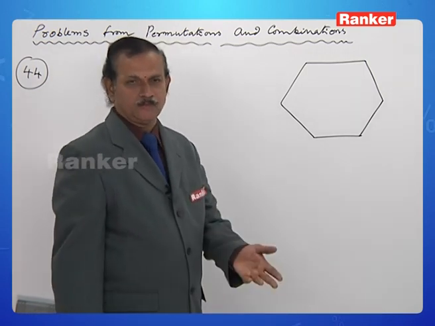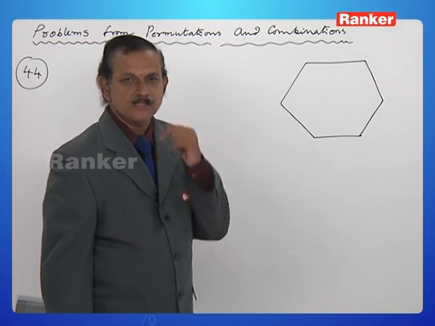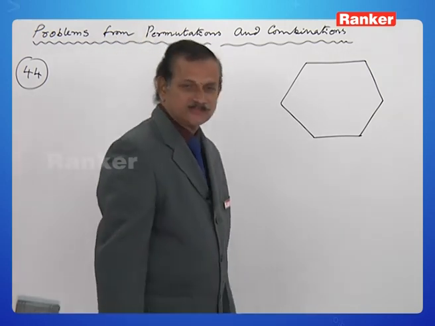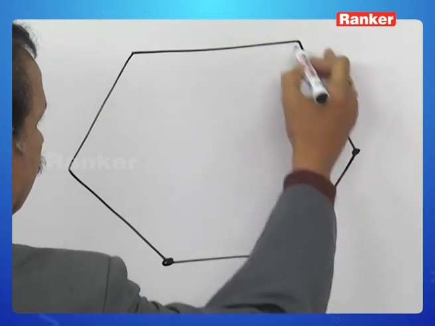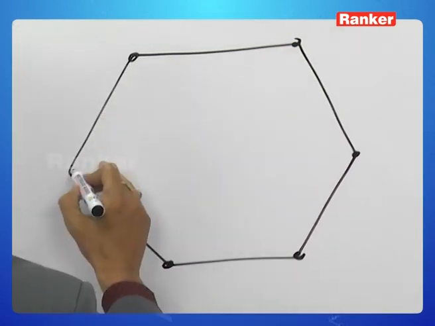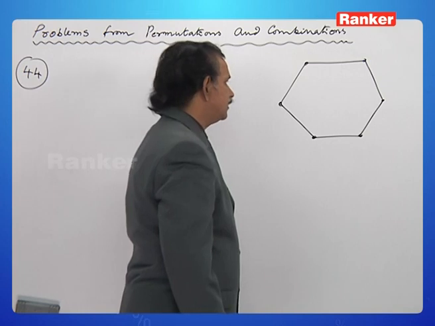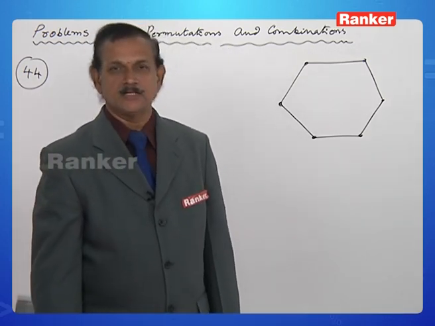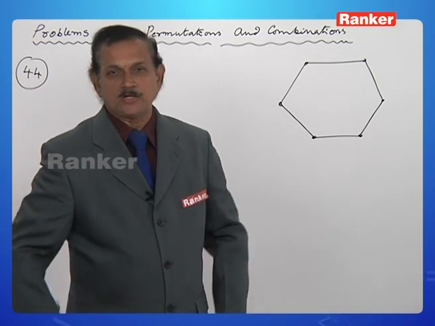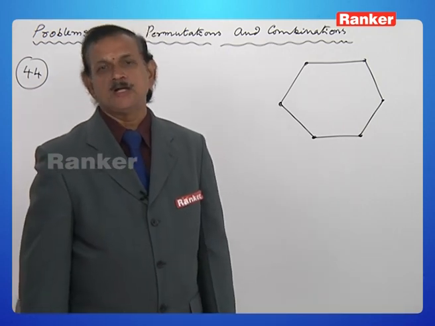That is, in my view, n is 6. What is the first? How many vertices are there? 1, 2, 3, 4, 5, 6. 6 vertices are there. These are the vertices of a polygon. That is, no 3 of them are collinear.